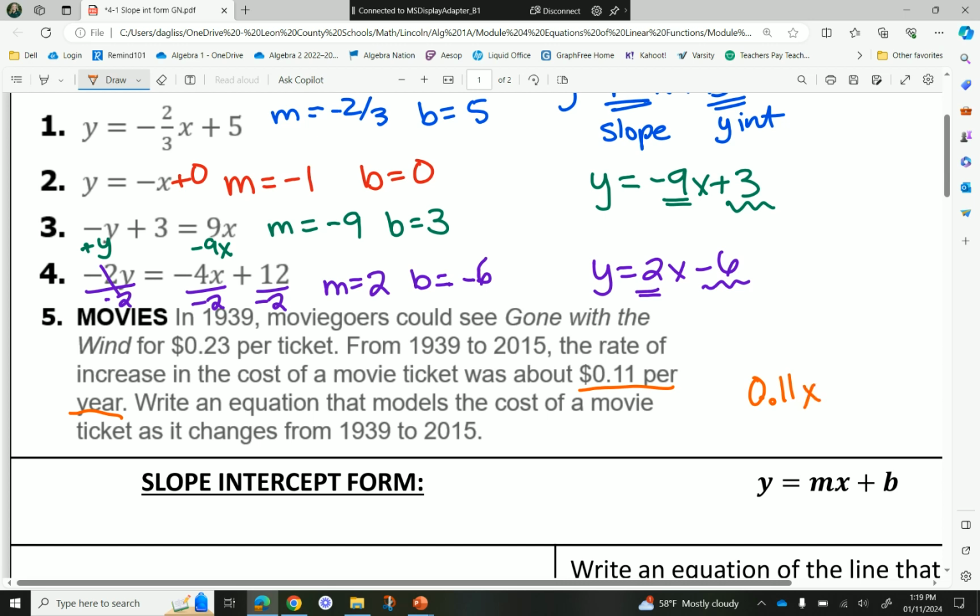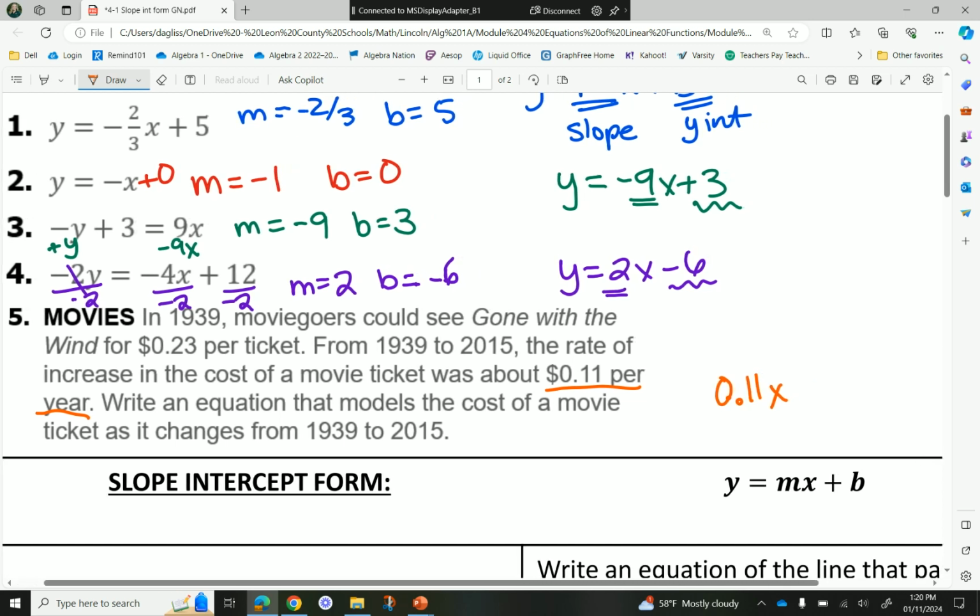Let's keep it x. Okay, so 0.11x is how we're changing. Okay, what did my price begin at? 23 cents. Yeah, 23 cents. Good.